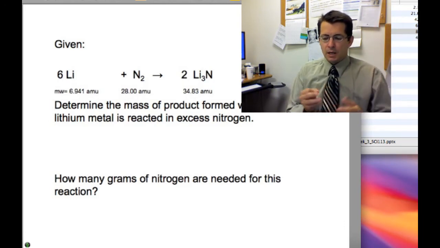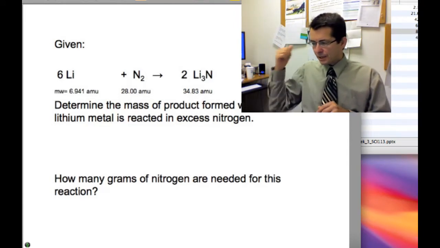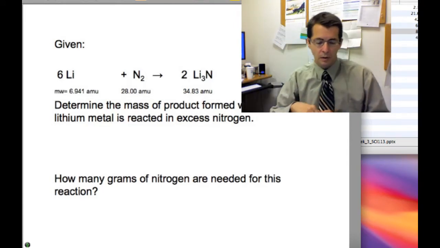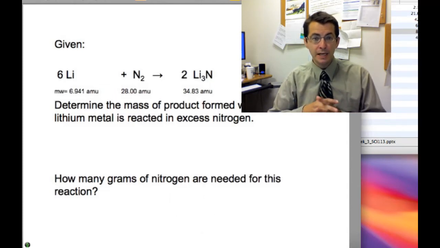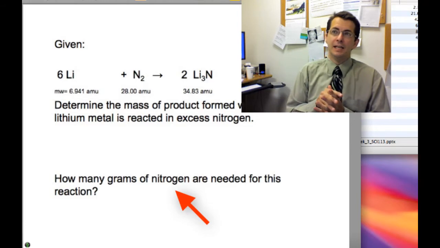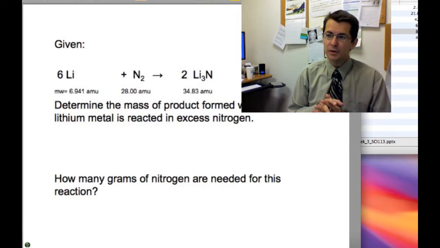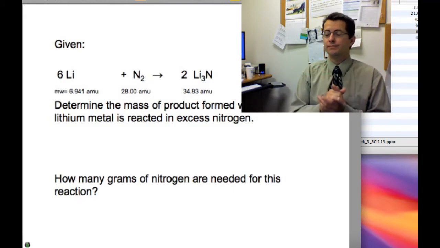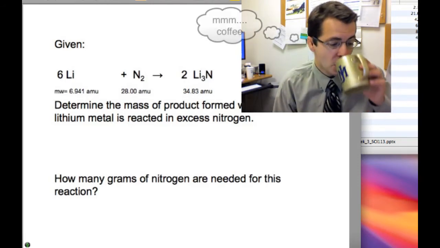It's usually that upper right-hand corner of the periodic table; almost all of those exist as diatomic molecules. So when you read nitrogen or hydrogen in a problem, they're usually talking about elemental hydrogen, which exists as H2. Again, chemistry's long tradition of confusing the student.